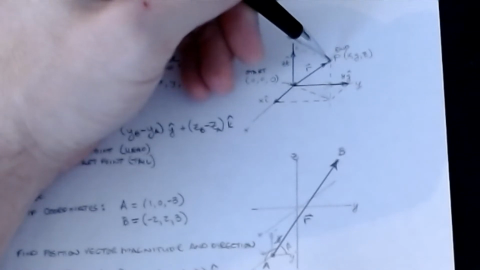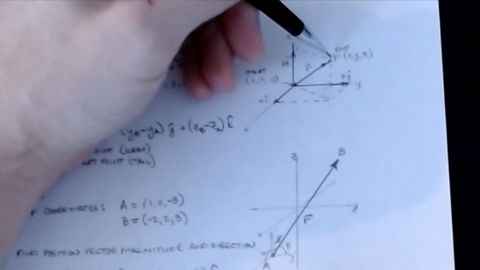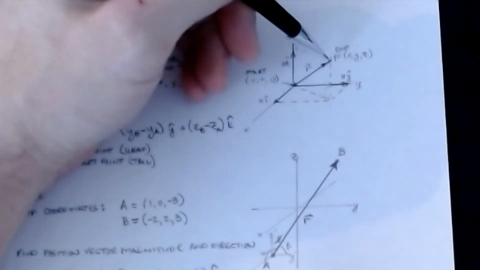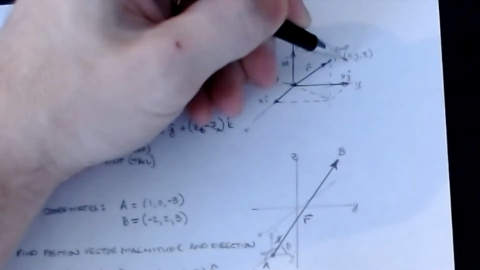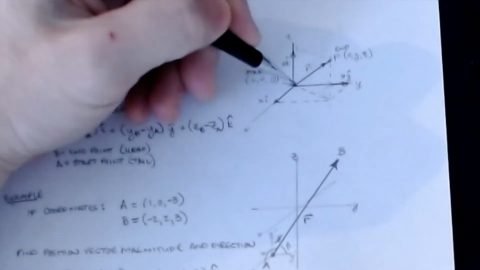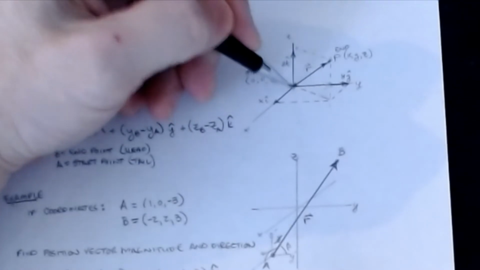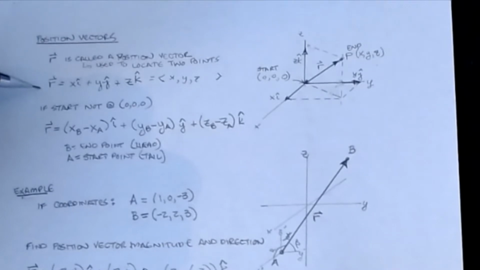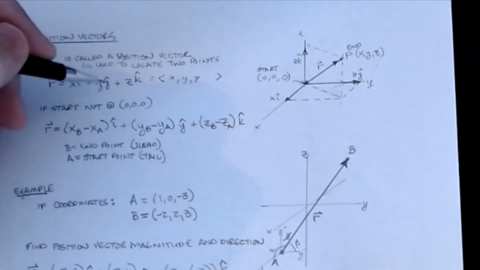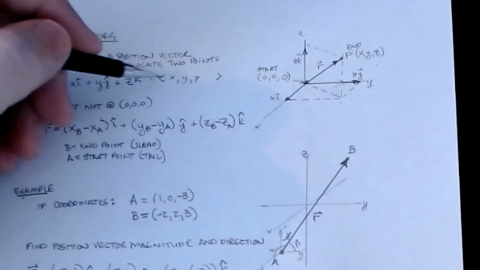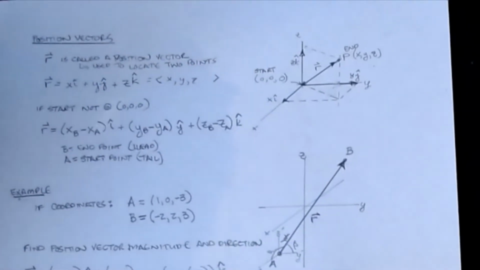They're defining a point's coordinate, the coordinate of a point P in space, as being the position vector from the origin out to that point. So if I say that my point P is at x, y, z, and my origin is at 0, 0, 0, then the position vector to get from 0 to P is this guy. Okay, so r is xi plus yj plus zk, or this bracketed x, y, z kind of thing.